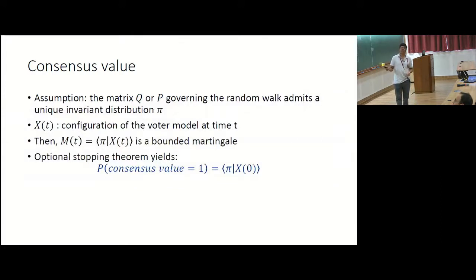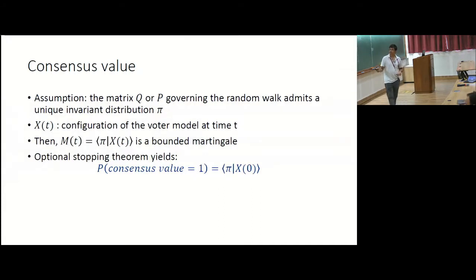Let's look at the random walk governed by this rate matrix or transition matrix. We are going to assume that it has a unique invariant distribution pi. If not, consensus is not guaranteed; there's something wrong with your graph which is preventing consensus. Let X_t be the configuration of the voter model at time t, a 0-1 vector of length n.